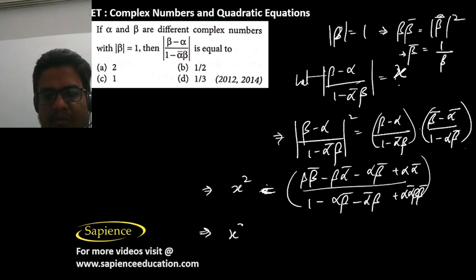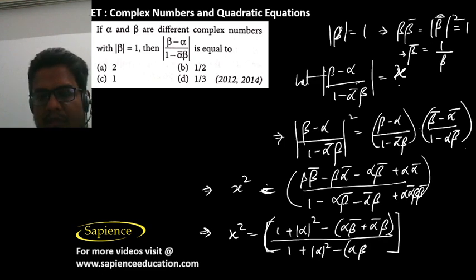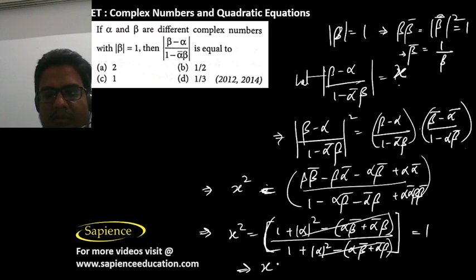So x square is equal to, beta beta bar is mod beta square which is equal to 1, so this is 1 minus, and this is mod alpha square, minus alpha beta bar plus alpha bar beta. And divided by 1, and beta beta bar is mod beta square which is 1, so this is 1 plus mod alpha square minus alpha beta bar plus alpha bar beta. So these two are same, so they will cancel, so that is equal to 1. Therefore x square is 1, so x will be equal to 1.